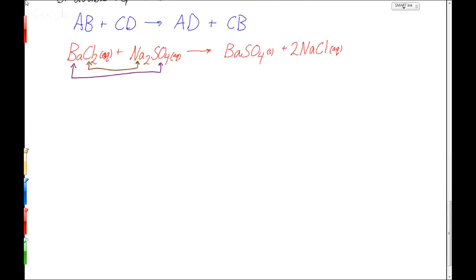Okay, our last category. Well, there's another one too, but I don't know if we'll get to that. It's called combustion. And combustion in general refers to reaction with oxygen.